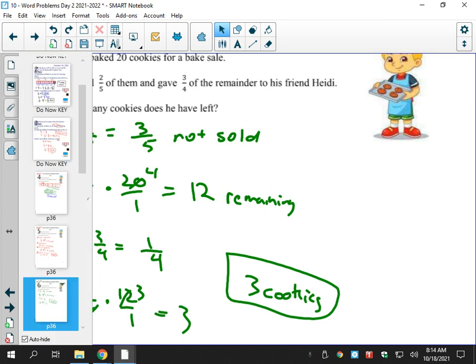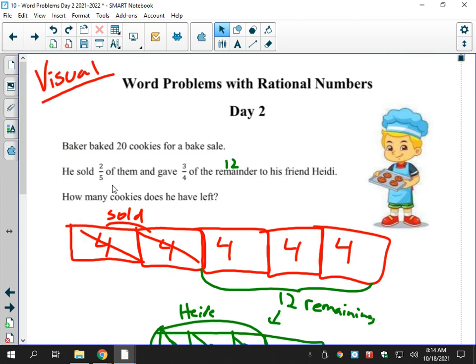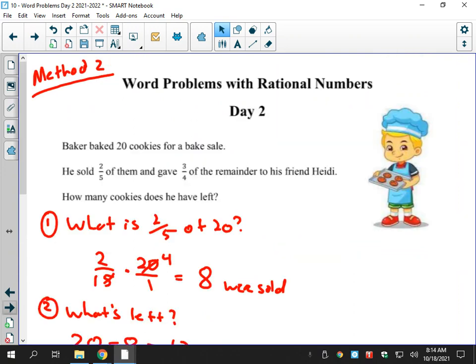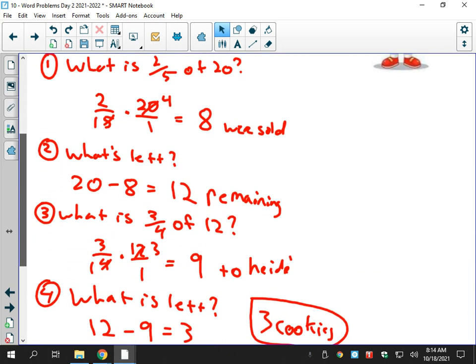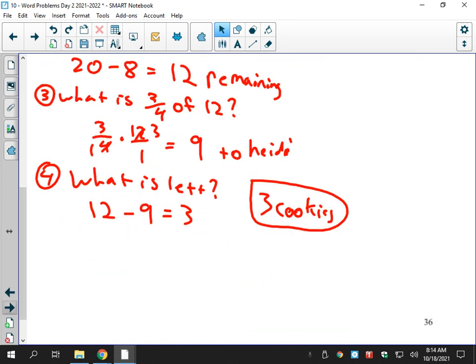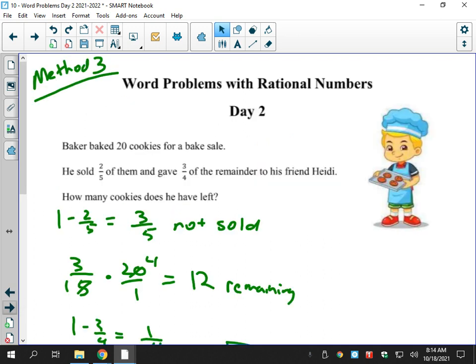So again, we can do our visual approach, which is using a bar model, breaking it down each time. Works beautiful, not too hard to write out either. We can take our operational method, right, where we're multiplying, figure out what 2/5 of 20 is, subtracting to get the remainder, what 3/4 of that is, subtracting to get what's left. Or kind of our fraction approach, where we're saying, oh, if 2/5 are sold, 3/5 are not sold, what's that?